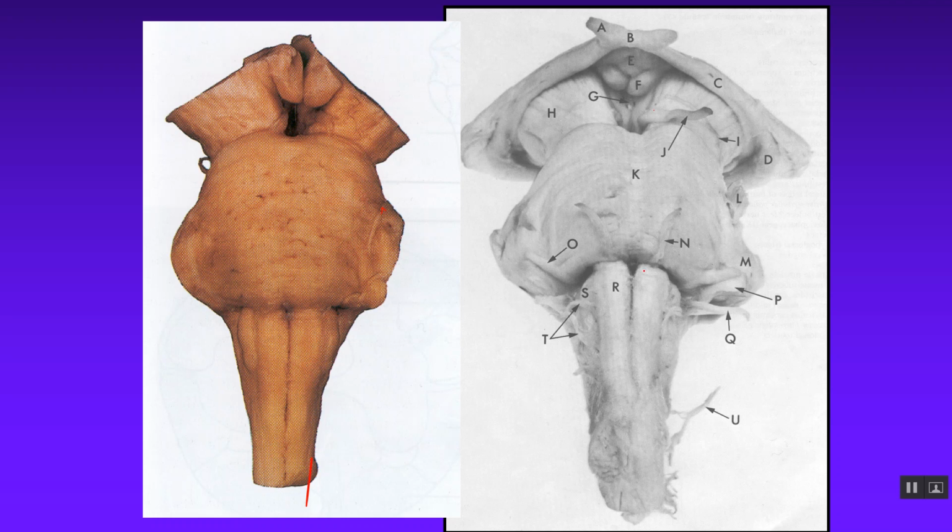On this side, you have the pyramids here. The olives are kind of hidden back here behind these cranial nerves, all these little cranial nerve fibers that are sticking out.